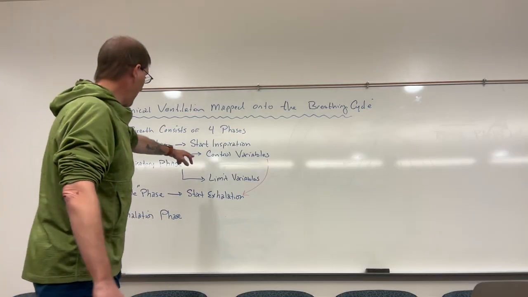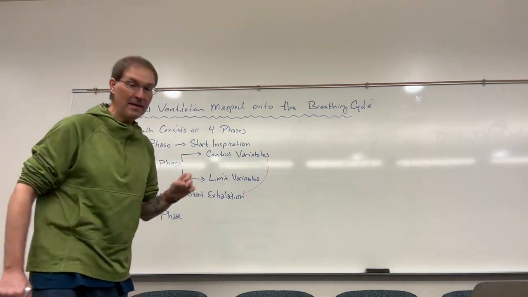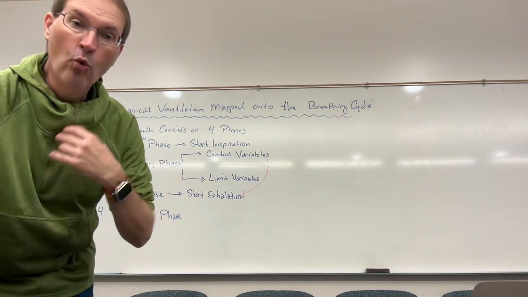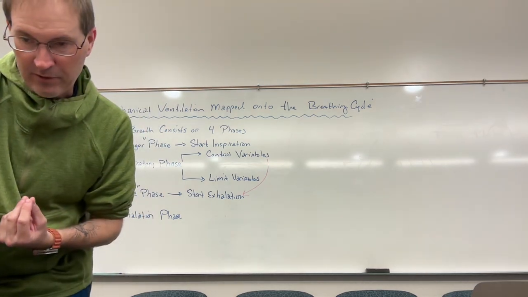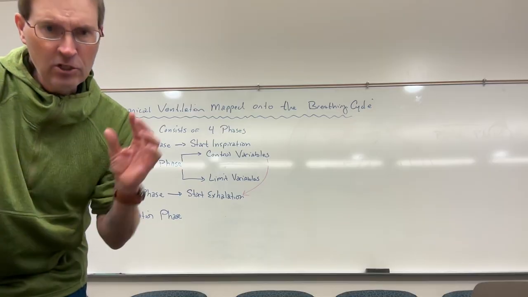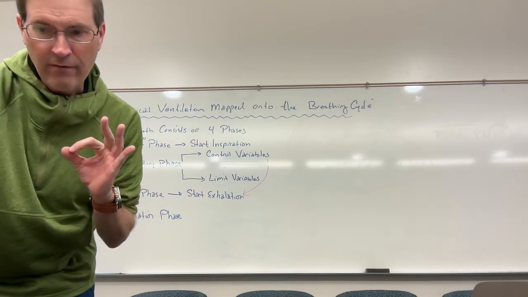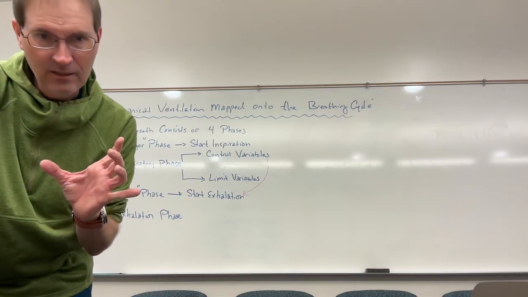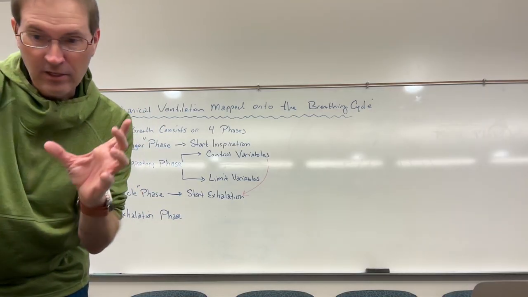In addition to that, you have what are called limit variables, okay? Limit variables or targeted variables. And these are very different from control variables. So a limit variable or a target variable are constraints that we can set on the parameters of a breath.